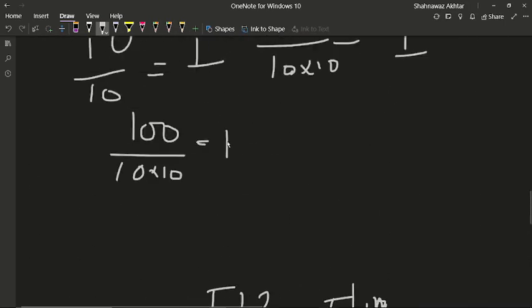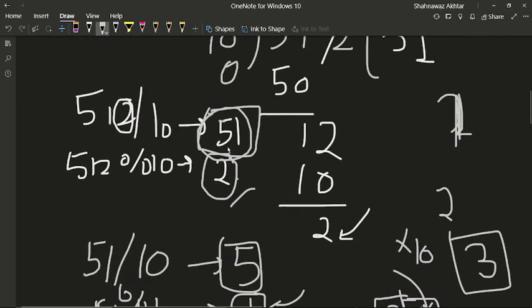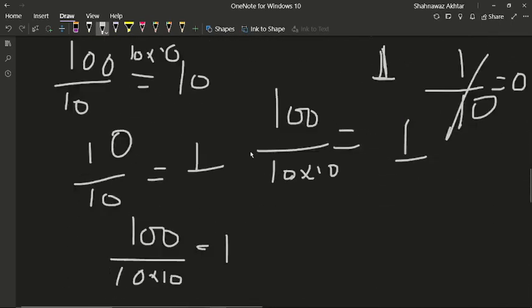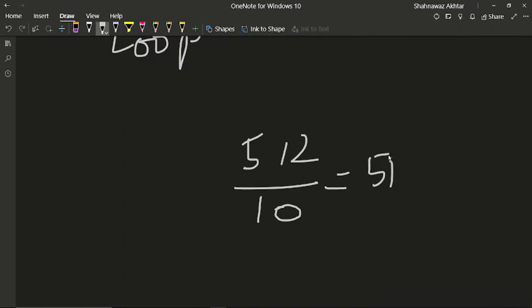So to avoid this kind of error, we use a loop. The loop will do this thing for us, means it will divide the number 512 each time by 10. Suppose it has divided it first by 10, then we have got 51. Now we will check whether 51 is 0 or not. If it is not 0, then again we will divide.